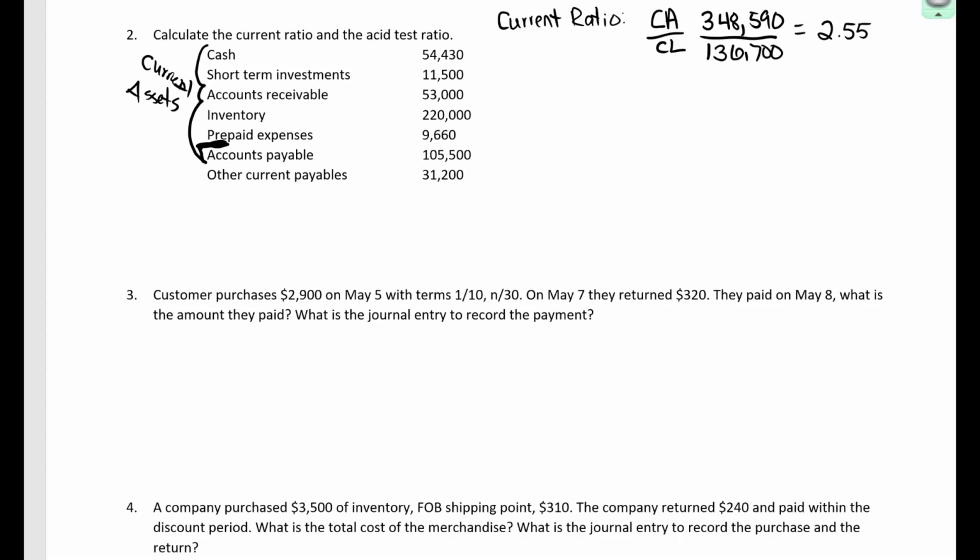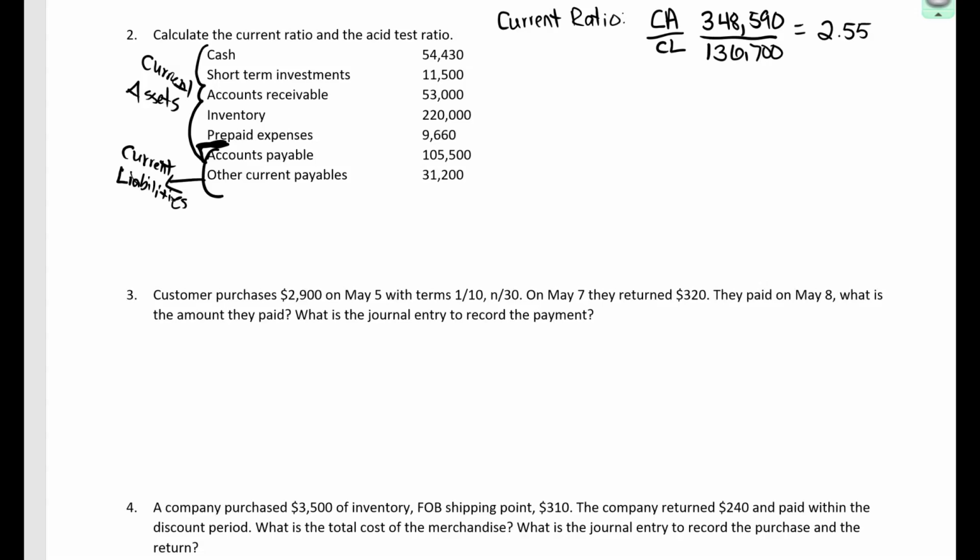And then your current liabilities, which was the bottom number, 136,700, these two numbers added together give you your current liabilities.